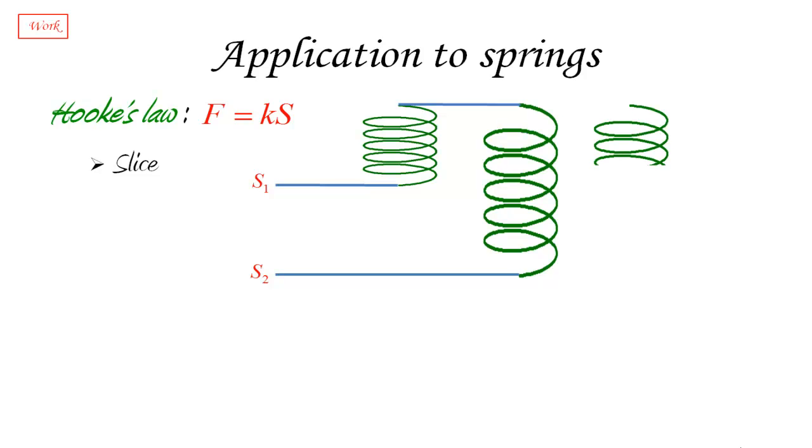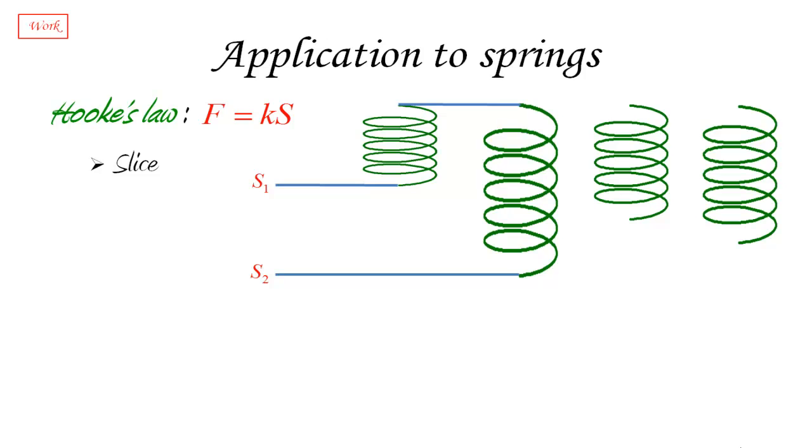So let's say we start from the spring in this position and we stretch it up to just a little bit more. Well, how much more? Let's say that the distance that we've moved is, with the usual notation, delta S. So it's just a little amount of S. What we're going to do at this point is approximate. That means that we're going to assume that within that tiny little fraction of a movement, the force is going to be constant.